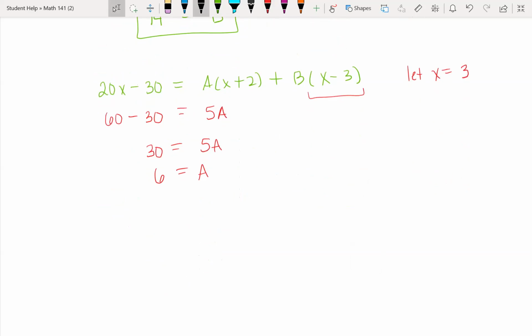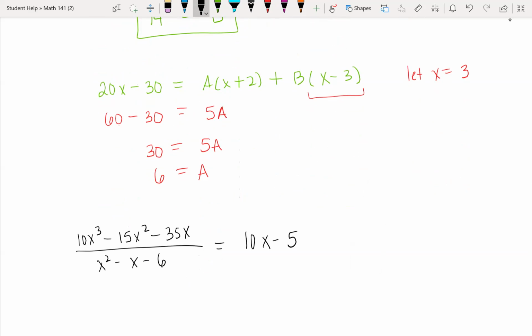So putting that all together, our original fraction was 10x cubed minus 15x squared minus 35x over x squared minus x minus 6. And we had 10x minus 5 from the long division.